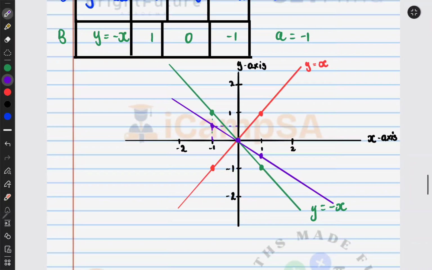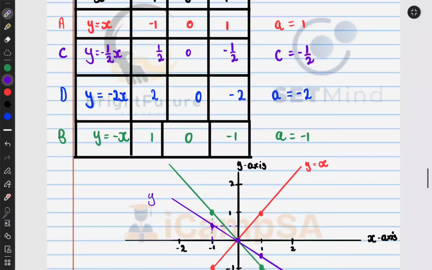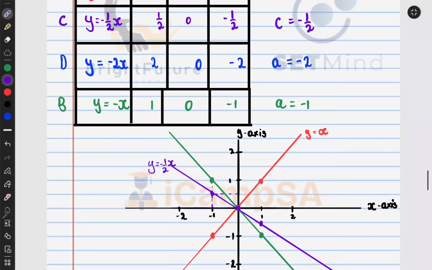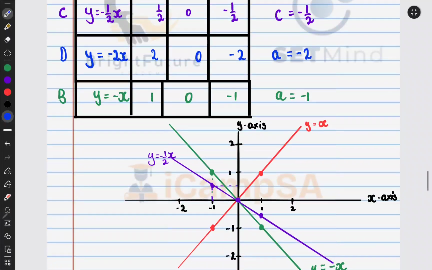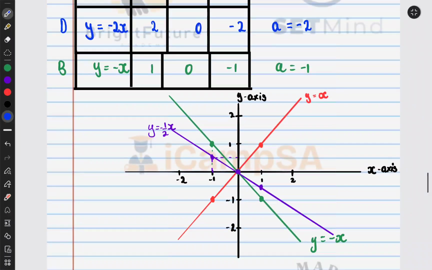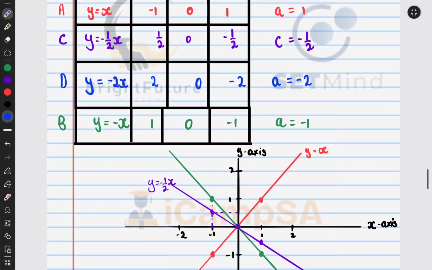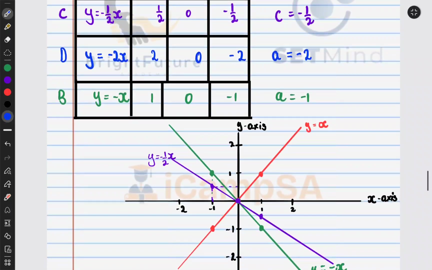And then we said this one is y is equal to negative half x, and then let's quickly sketch function number d for y is equal to negative 2x, where x is equal to negative 1, or where the input of x is negative 1, the y output is 2.